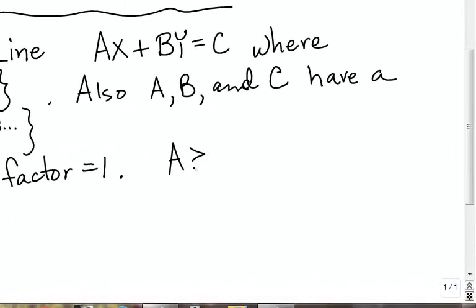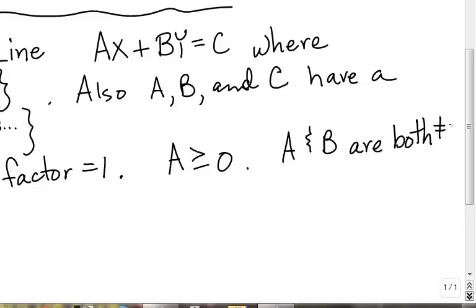A has to be greater than or equal to 0, so your A is positive. And basically they're giving you directions to get this in the right form so that we all agree on one answer. Okay? And the last thing, A and B are both not equal to 0. Okay?